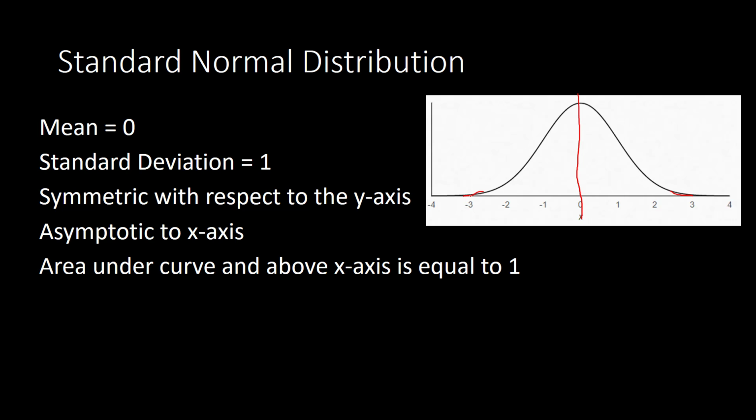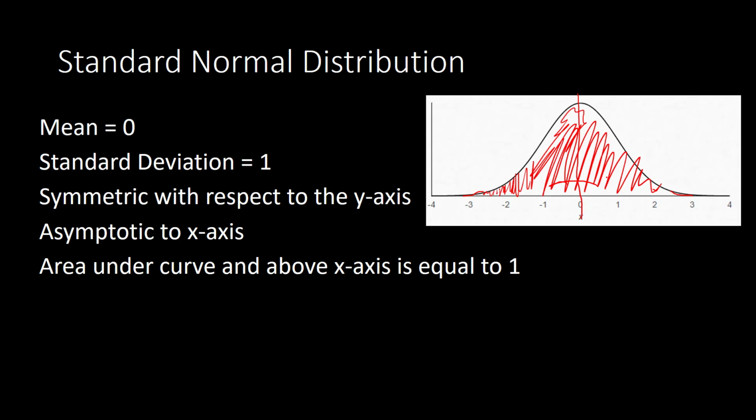Also, the area under the curve and above the x-axis is equal to 1. So if I were to find the area of everything inside of this curve, so everything here inside, then that area would equal 1. Now, one reason why it is important to know these things about the standard normal distribution is because we will have a table that we can use to analyze the data with a standard normal distribution.